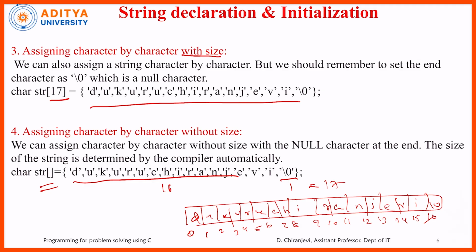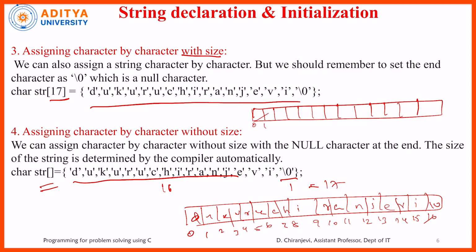Similarly, here also, when you specified the size, because you already mentioned 17, it will simply allocate memory for 17 characters, that is 17 bytes. In a string you are storing characters, so one character takes 1 byte, so it will store 17 characters in 17 bytes, indices 0 to 16.